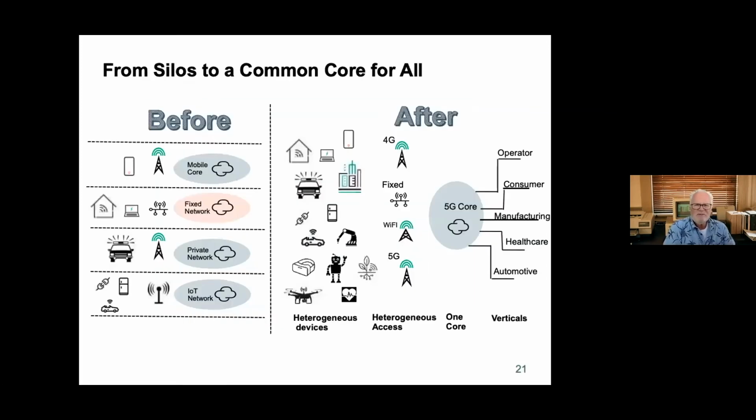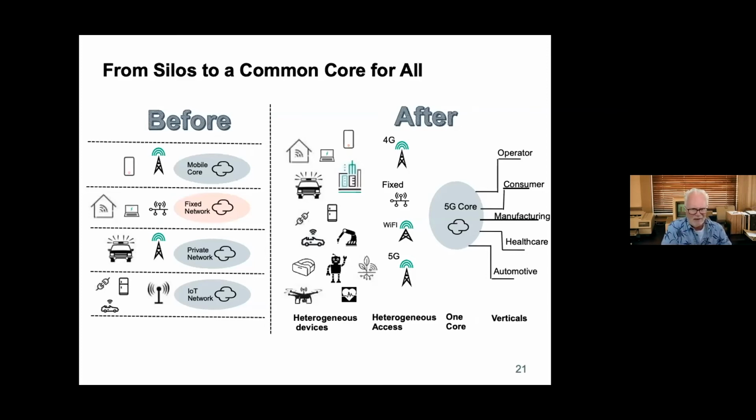So we're shifting from silos to a common core. And again, before here, we kind of got the mobile core. We got a fixed network, which is the public switch telephone network, or maybe the cable TV system also delivering that.